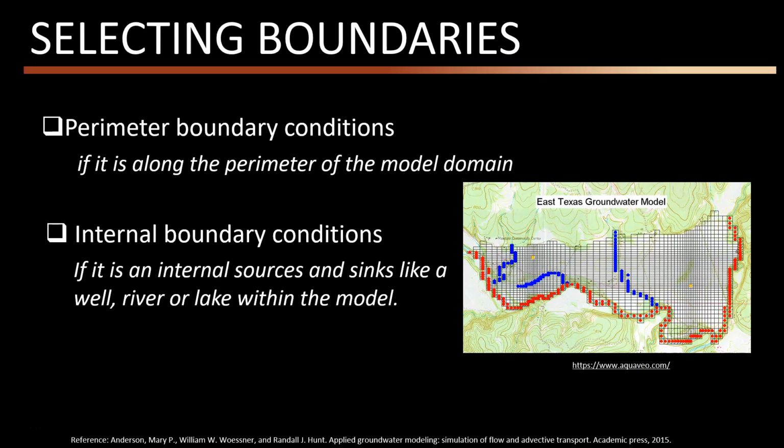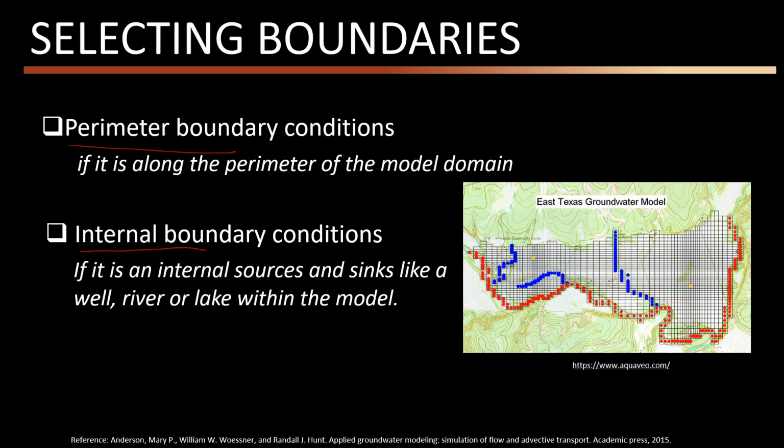Hydraulic boundary conditions, depending on where they are located, can also be classified into two types: perimeter boundary condition and internal boundary condition. Obviously, if the boundary condition is located at the perimeter of the model domain, we call it a perimeter boundary condition, or if it's a sink or source term inside the model, we call it an internal boundary condition.